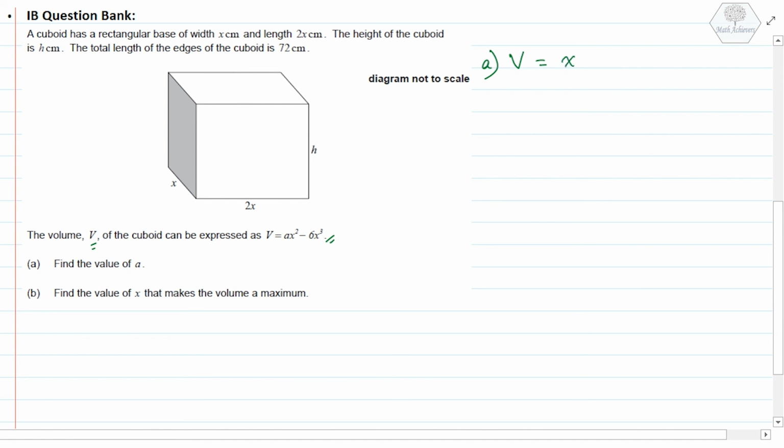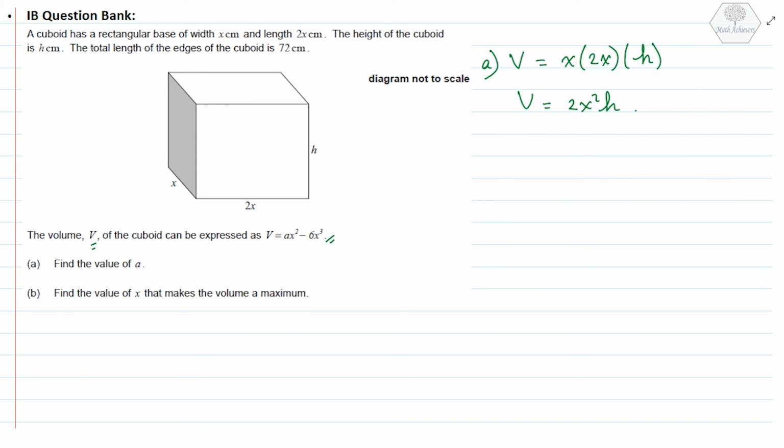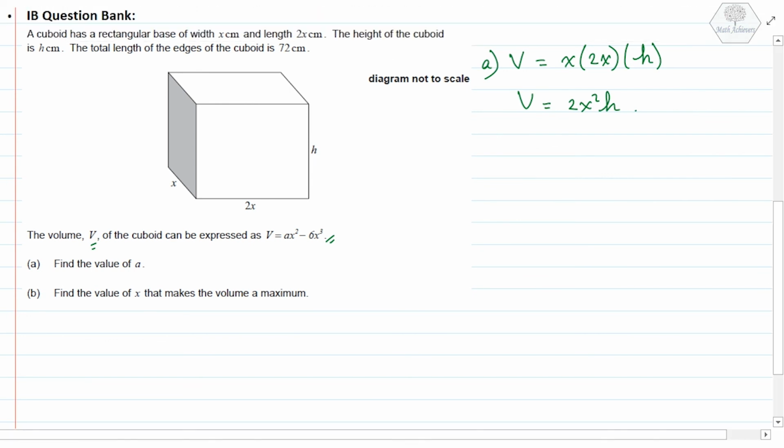So it's equal to x times 2x times the height, which is h. So now the volume is equal to 2x squared times h. As you can realize, it does not look similar to what we have in here. So we need to use the givens in our question that the length of all edges is equal to 72.